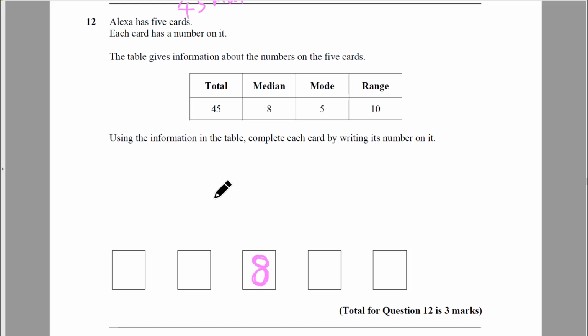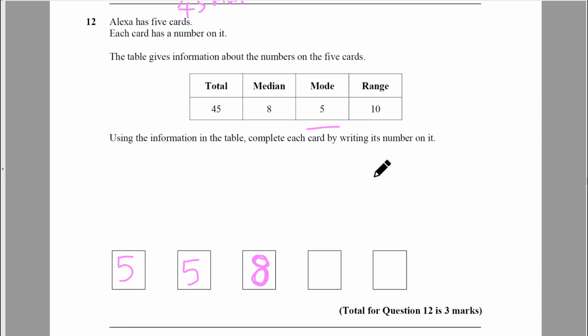The mode is 5. Now if the mode is 5, it's got to have more than one 5, okay? So one of these has got to be a 5. A 5 can't go here because this is written in order, right? So the 5 has to be here. There has to be 2 5s.